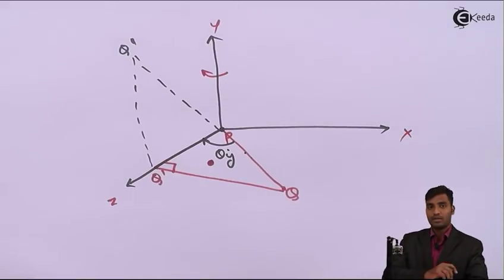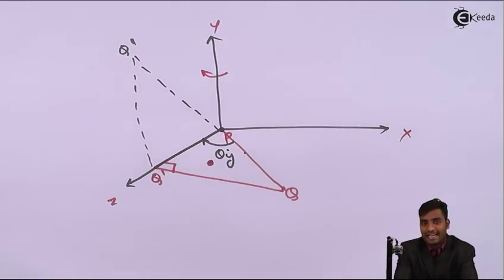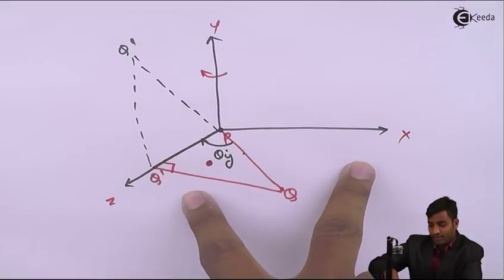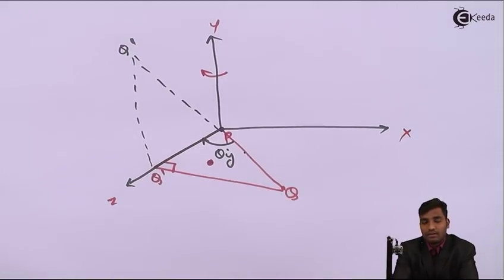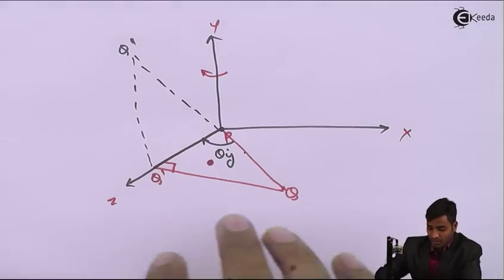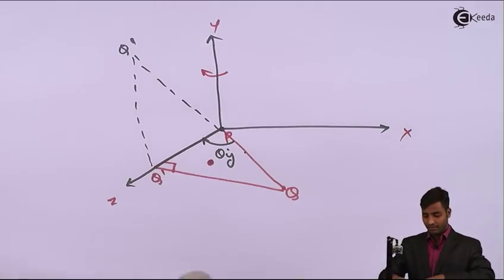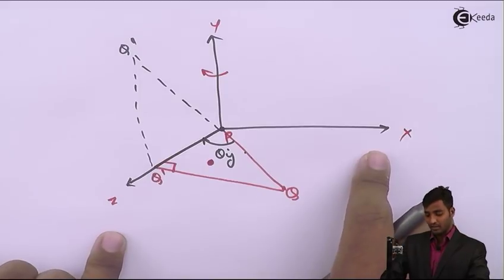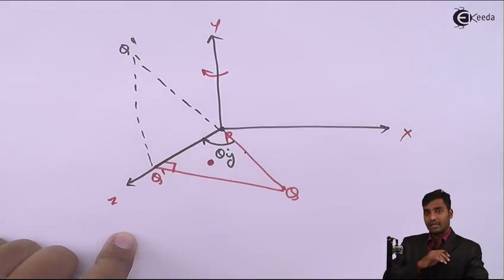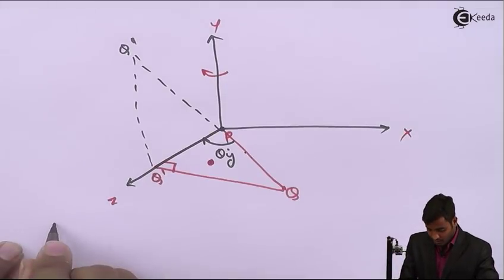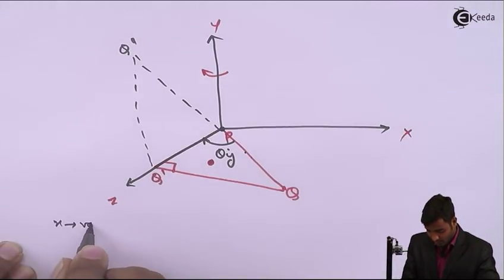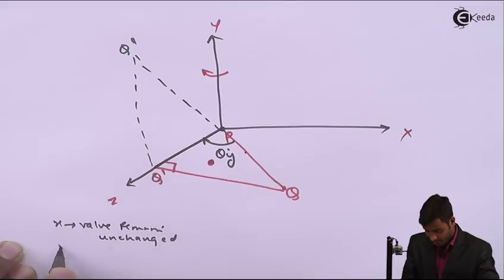So when we were performing rotation about x axis, at that time the active plane was the YZ plane, so the x coordinate remains unchanged and the y coordinate value becomes 0, because while performing rotation about x axis we were focusing on the YZ plane.